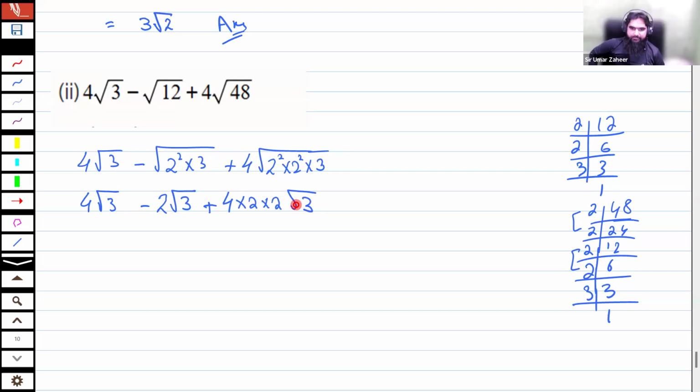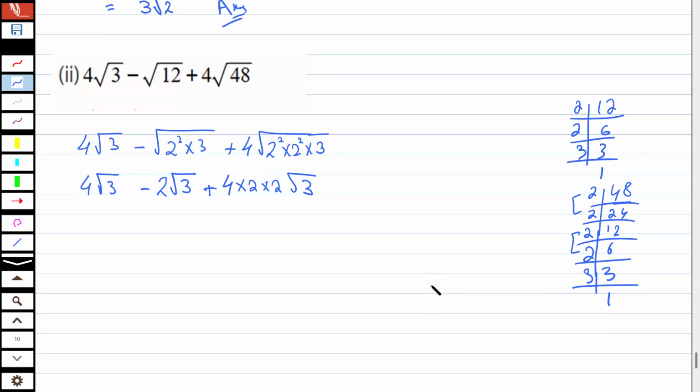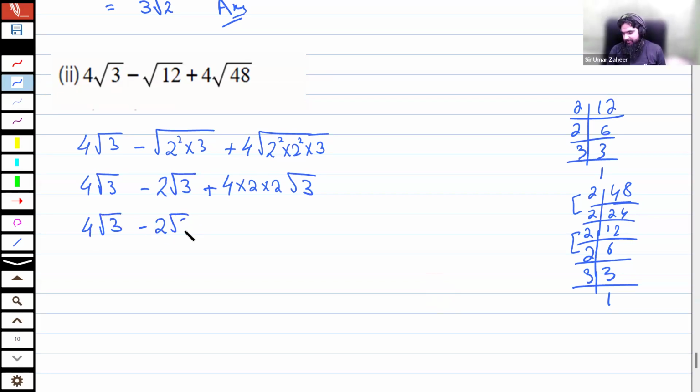Any question till here? No, sir. Is it clear as well? Yes. Okay, now we will get 4 square root 3 minus 2 square root 3. 4 times 2 is 8, 8 times 2 is 16 square root of 3.